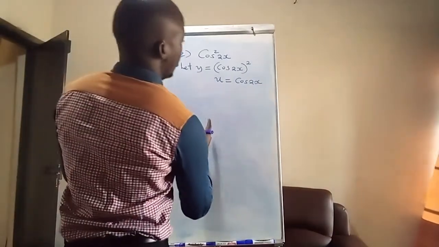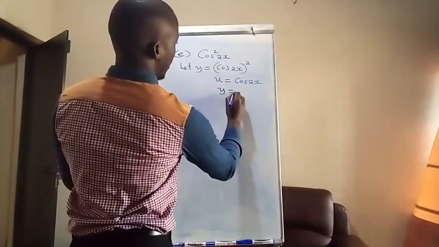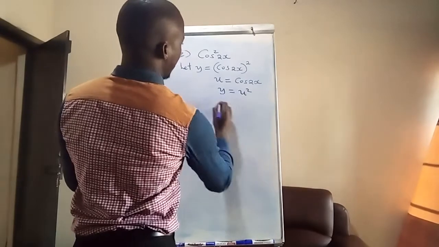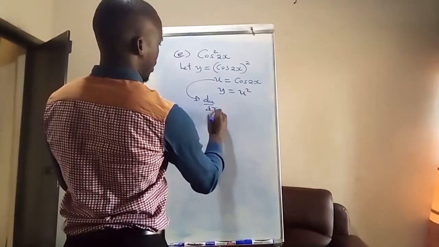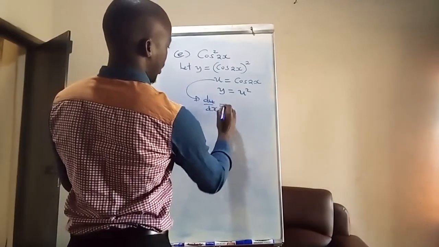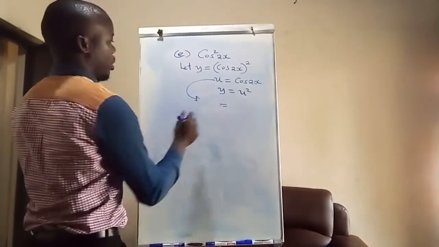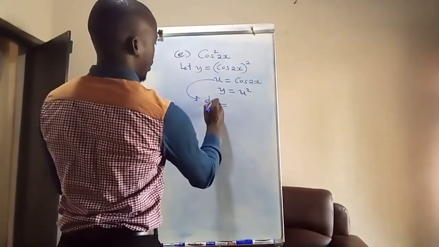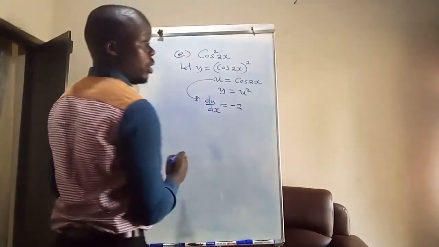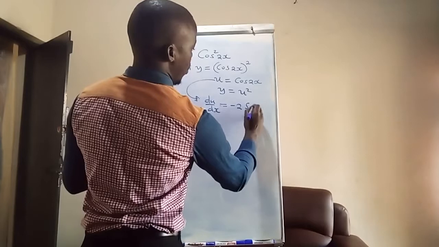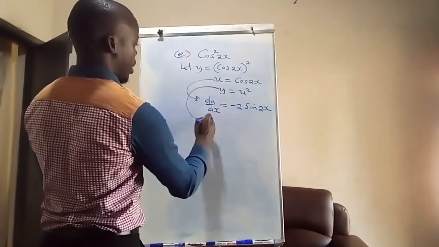Now from this point, of course, if u is that, y will be equal to u squared again. When I differentiate this, du dx becomes minus 2 sine of 2x. Then we also differentiate this function here.